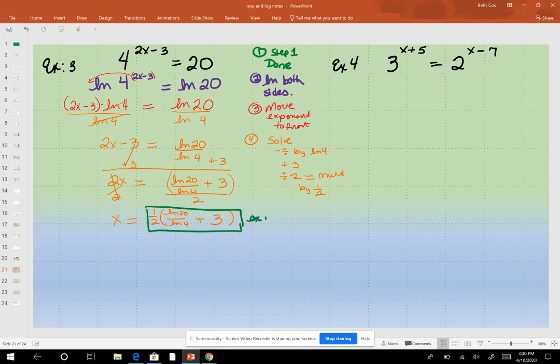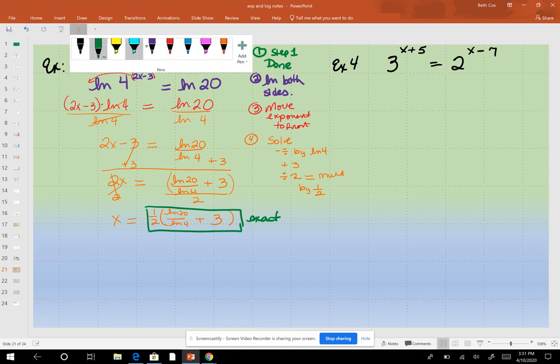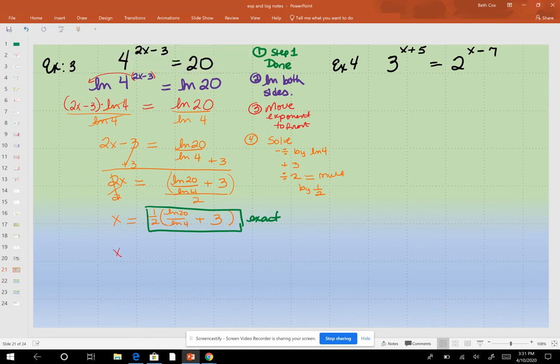And sometimes the computer asks for the exact answer, so just be ready for it. And then for my decimal approximation, I'm going to pull out my calculator. Now when I do my decimal approximation, I'm going to do my logarithms first. I'm going to call out what I'm typing in my calculator.